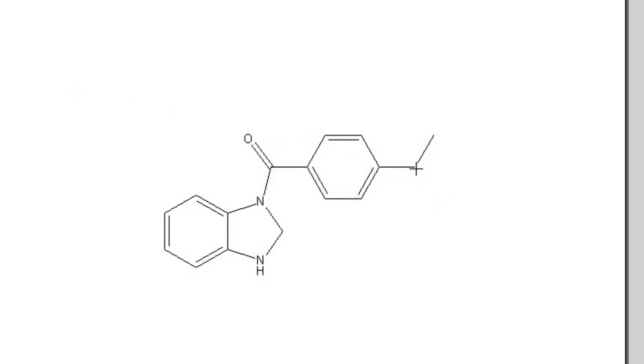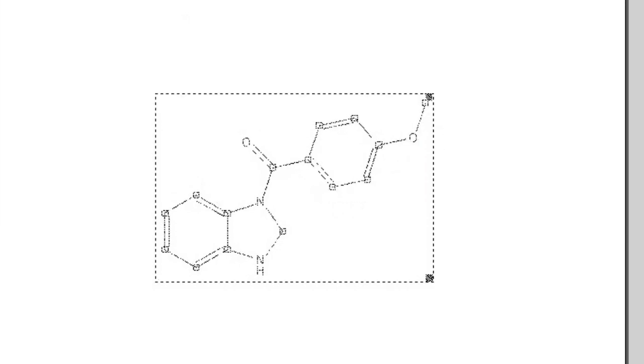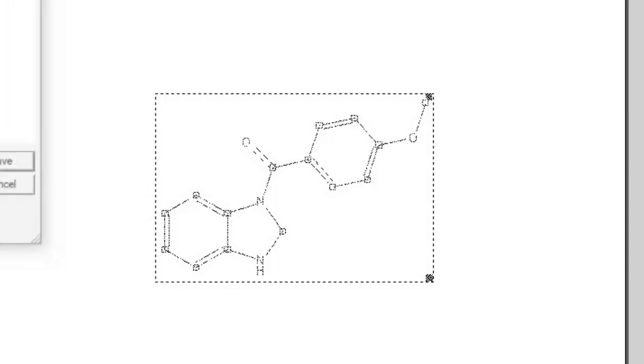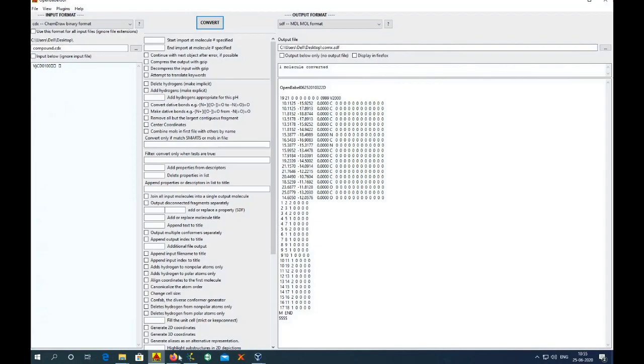Let us take this molecule, and it is saved in CDX format, the ChemDraw format. But in the in silico tool, the CDX format is not going to open. So I am going to convert this CDX file into SDF format by using the OpenBabel tool.